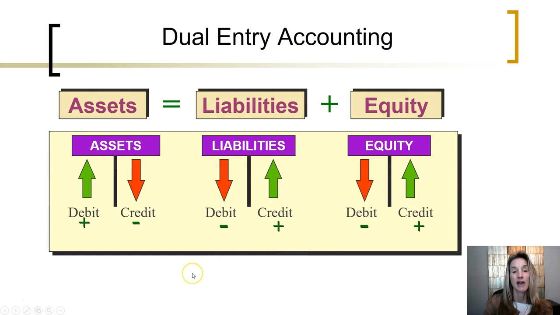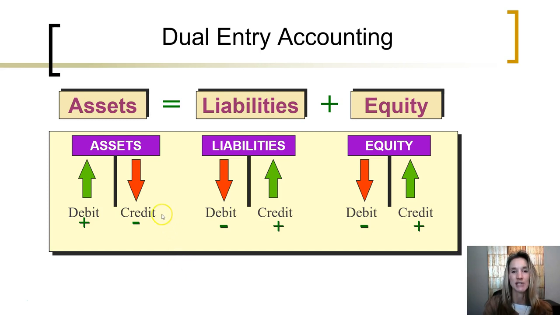In keeping our accounting equation in balance, every time a business transaction occurs and it is recorded into the accounting system, it will require what we call a dual entry method. The dual entry method states that every time a transaction is entered into the accounting system, it will always impact at least two accounts.